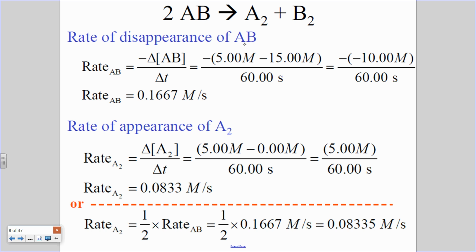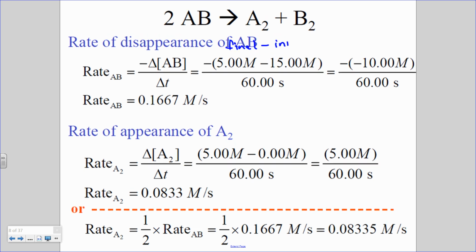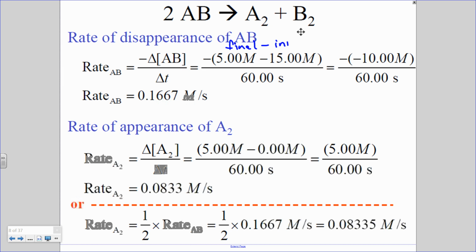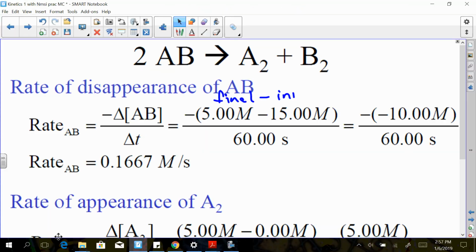If we start with 15 and we end up with 5, now this is always the final minus the initial concentration. Anytime you have this little delta, it always means final minus initial.